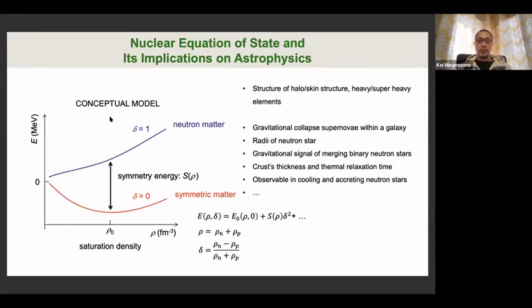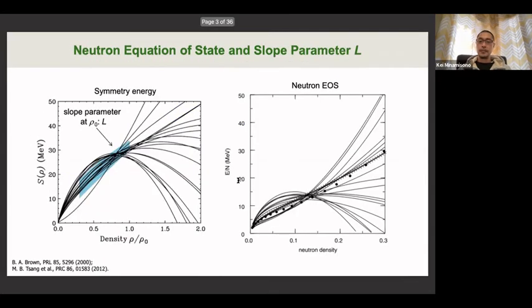And again, this is just a conceptual model. And in reality, the symmetry energy looked like this. This is some of the theoretical calculations, and the symmetry energy actually goes all over.